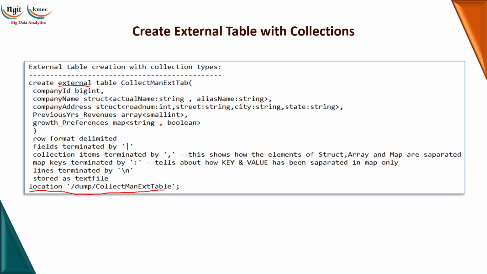Since it is an external table, even if you drop the table, the data remains the same in HDFS. So it is better to give the location. For the managed table, the data will be removed if you remove the table, so it is better to keep the data in the warehouse directory. So these are the differences.